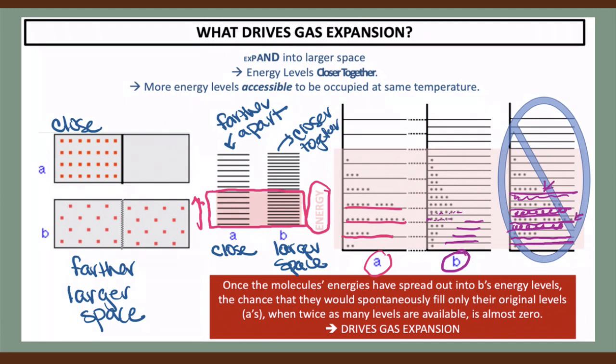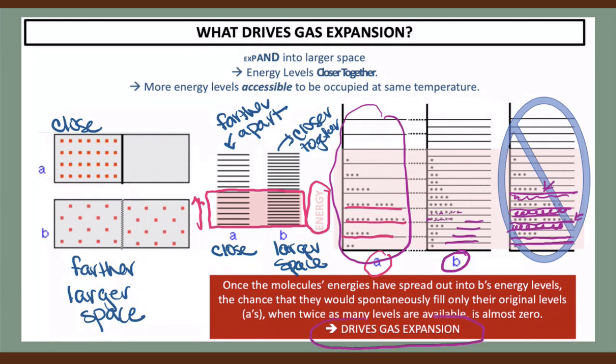So it's not even that being all in the same place would be statistically unlikely. Also, their distribution of energies would have to go all back to the original ladder, and that would never happen. So we can say statistically, it would be impossible for the location and the energies of the gases to go back into a configuration where they would all be on the left. And this is why gases expand.